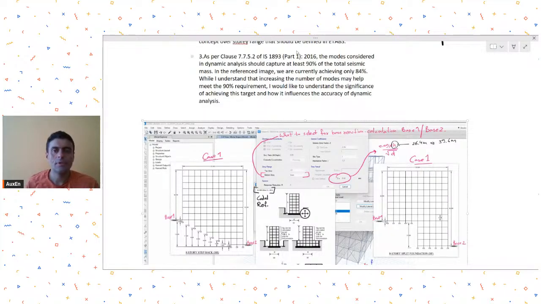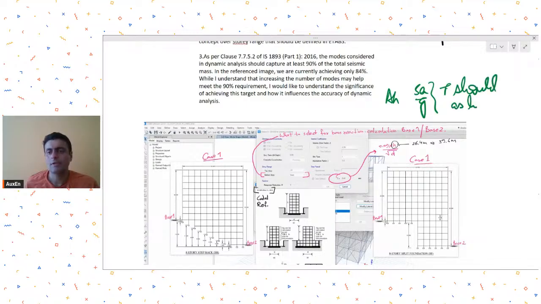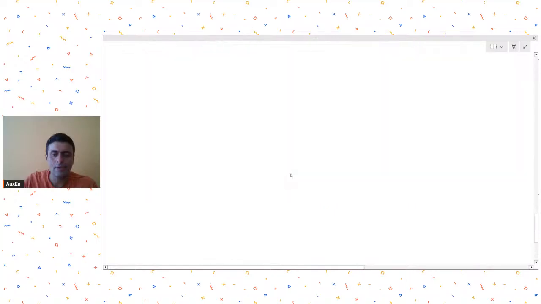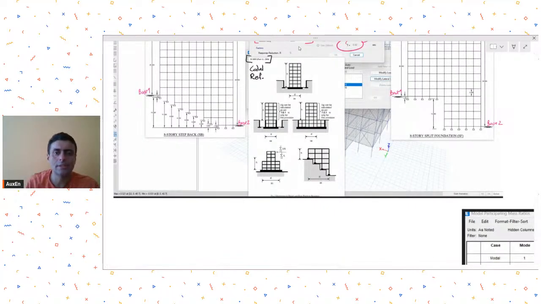So when you are calculating AH from SA by G, you would ideally want T to be as low as possible, so that you get the maximum possible SA by G. That's why your code is telling you that when you have a sloped building like this, his building that he has stepped something like this, instead of taking this height h2, you take the smaller height h1.